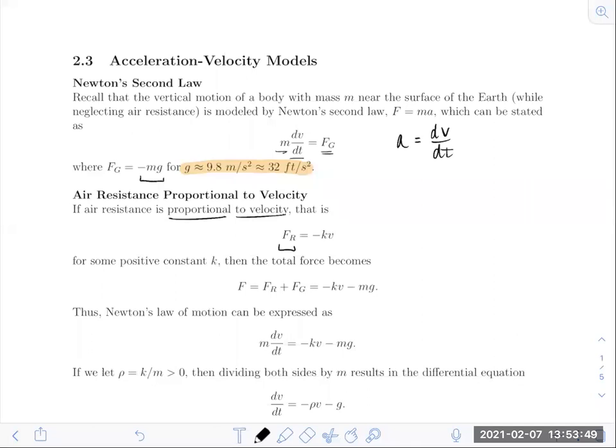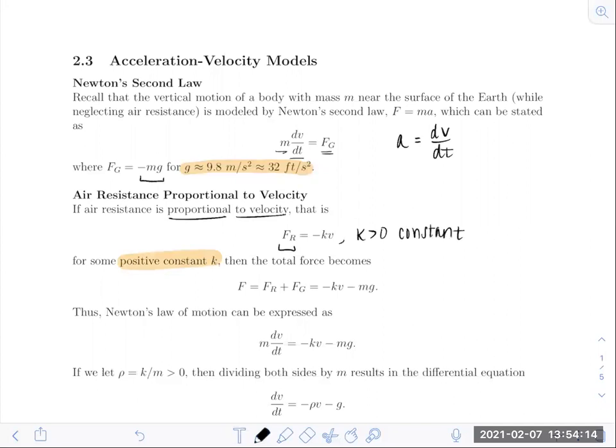And if it's proportional to velocity, then we're going to write that as negative kv. Here we're using a negative sign because we're talking about resistance, so it's going to be in the direction opposite motion, but we will always be assuming that k is positive. So you might even want to jot that in here, k, some positive constant.